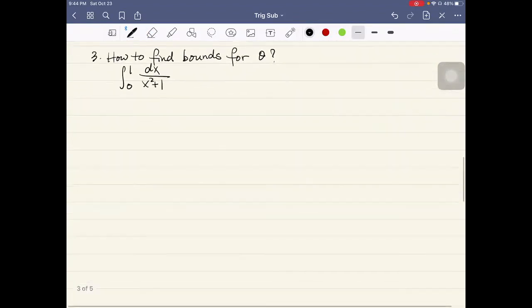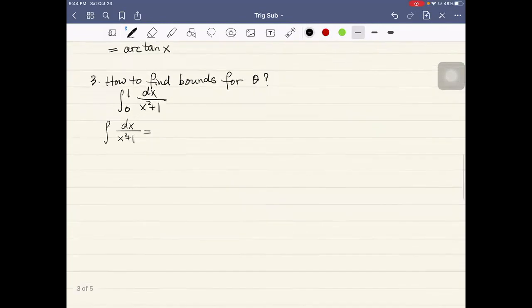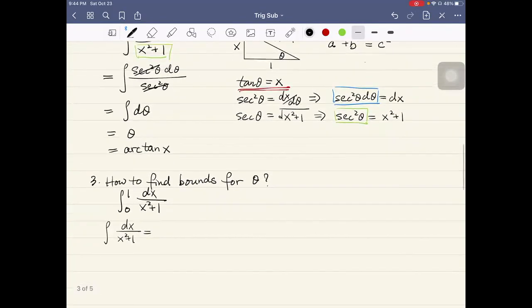What we can do is that let's first find antiderivative for this guy. So I'm going to start a new line and say, okay, integral of dx over x squared plus 1, and then do whatever we just did with the trig sub. And then at the end, show that this guy is equal to arctan of x.